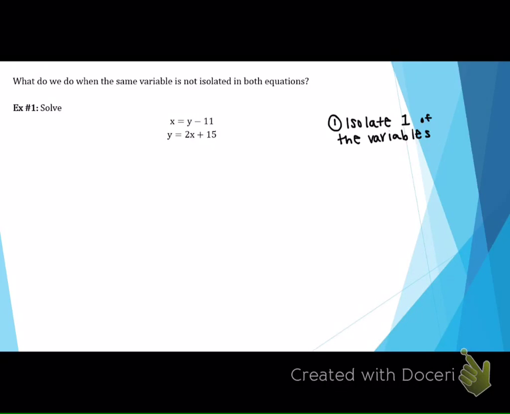So the next step you're going to do, so we already have variables isolated. We have an x and a y. So we're saying x is the same thing as y minus 11, and y is the same thing as 2x plus 15.